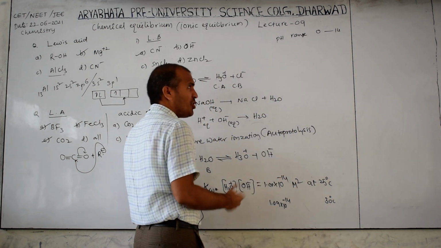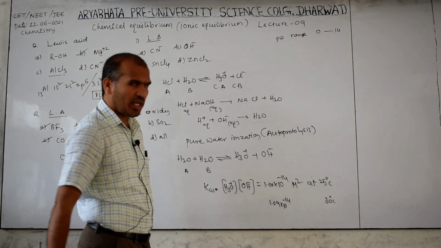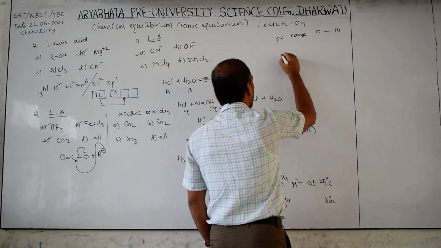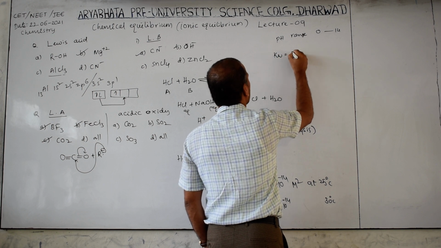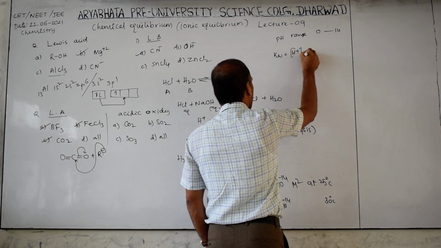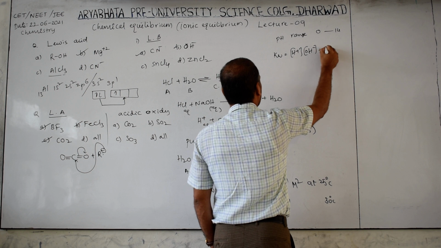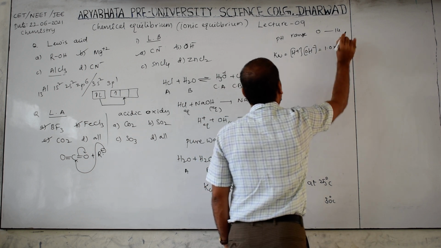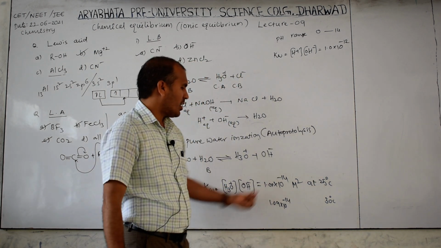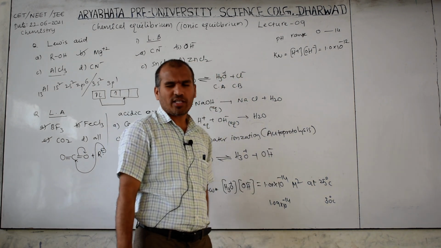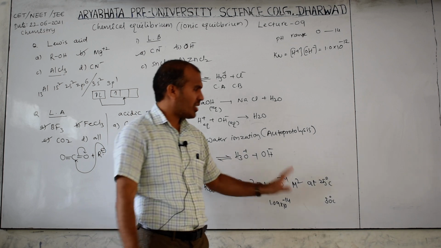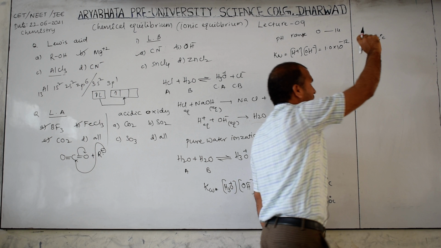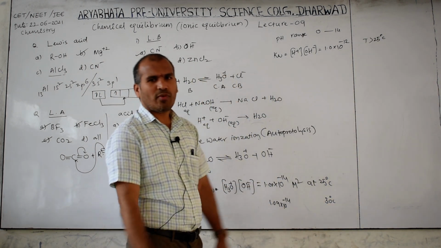If the Kw value changes, then the pH range also changes. So Kw is equal to H+ ion concentration into OH- ion concentration, into 10 power minus 12. This is considered. Here 10 power minus 14, here 10 power minus 12 is given, at some temperature greater than room temperature. T is greater than 25 degrees Celsius. Then what happened here? Kw value increases.